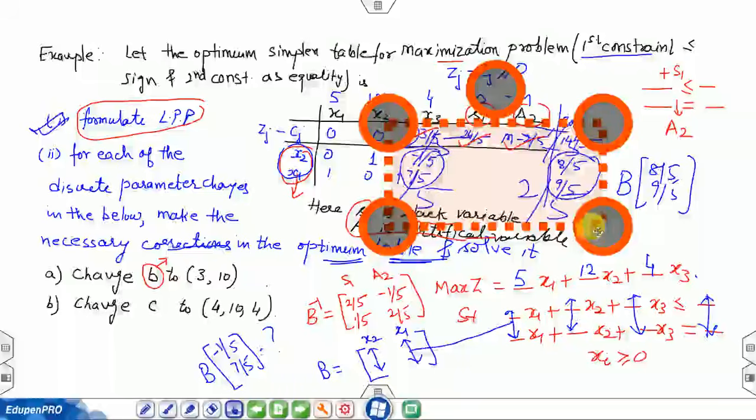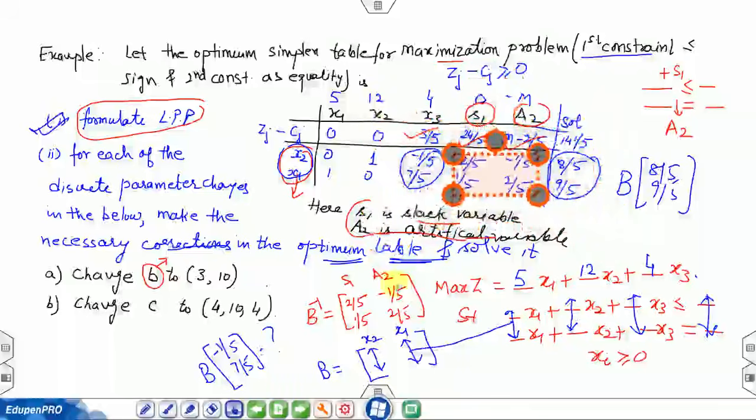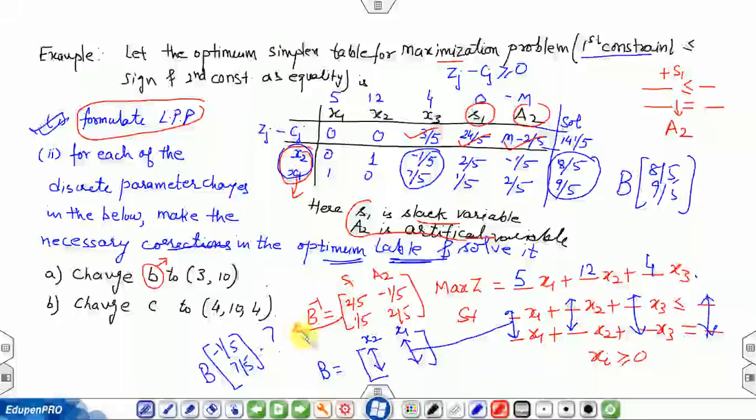This is my B inverse, because it is the column corresponding to this and this. So you multiply this matrix by 3 and 10, that is B inverse times 3 and 10, and you get something.